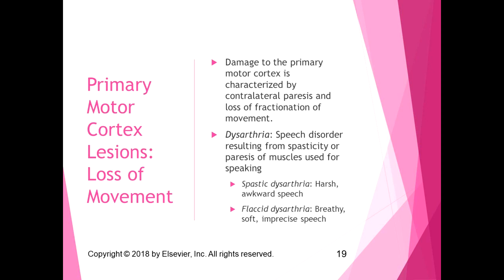So there are two different kinds of dysarthria: spastic dysarthria, which is hypertonic muscles, and flaccid dysarthria, which is hypotonic muscles. So when the muscles of speech are hypertonic, you get harsh, awkward speech. When the muscles of speech are hypotonic, you get breathy, soft, and imprecise speech. So two different types of dysarthria, and dysarthria is a motor speech disorder. And it's spasticity or paresis of the muscles used for speaking.